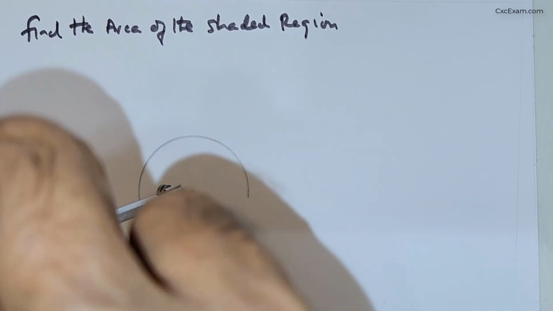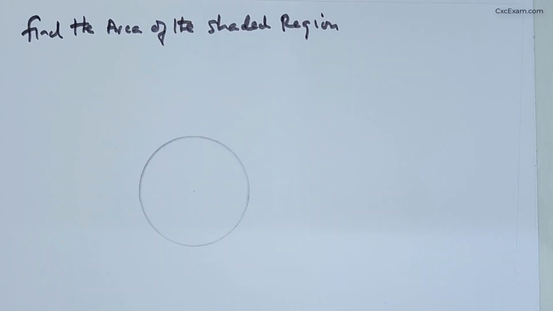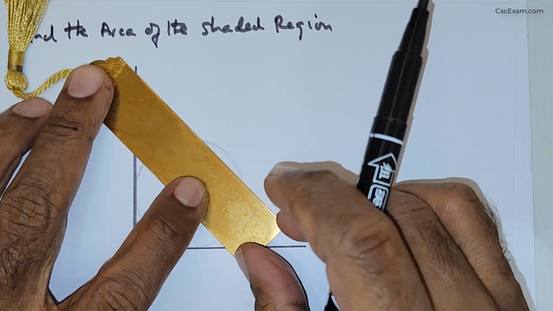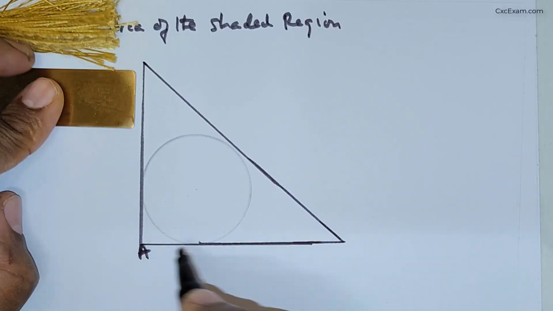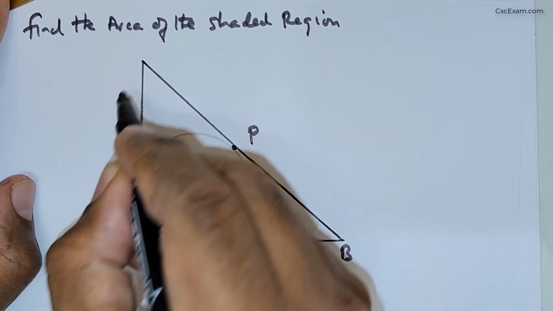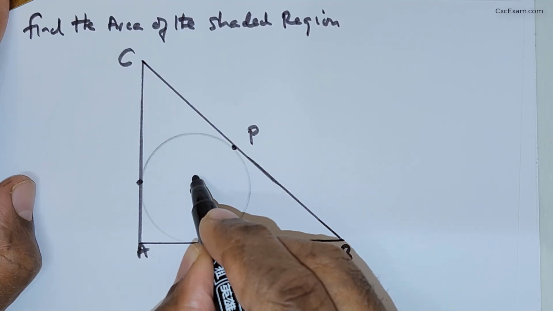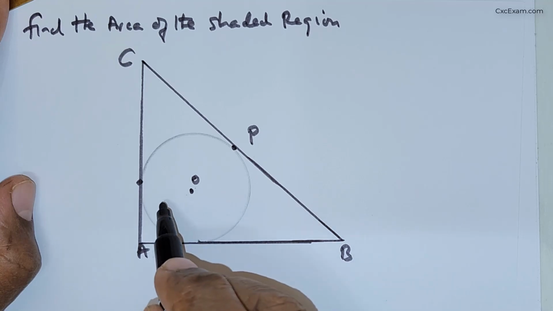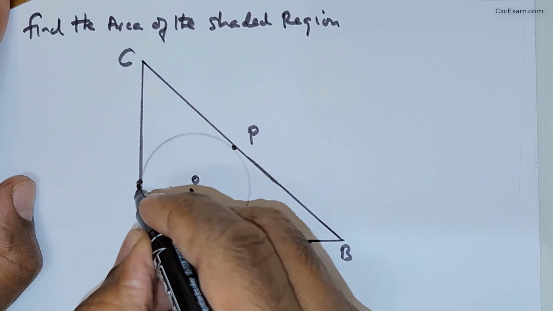We are expected to find the area of the shaded region. The center is O, and I think I'll put a point here somewhere.